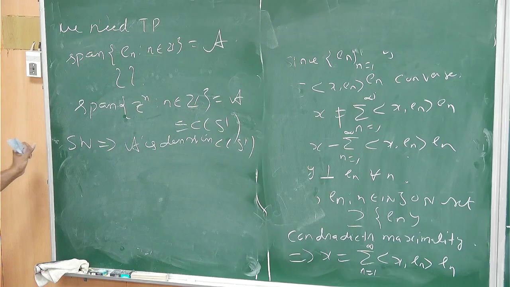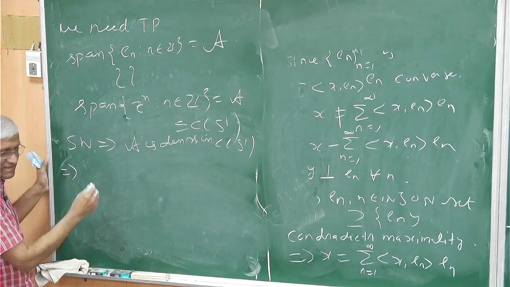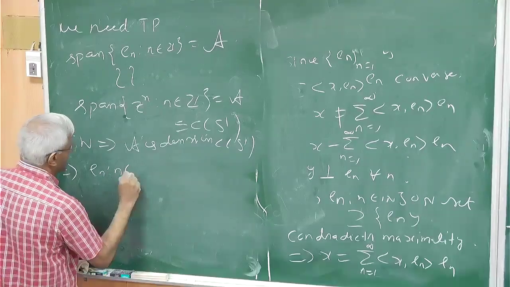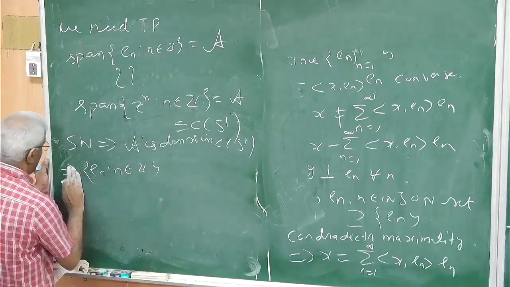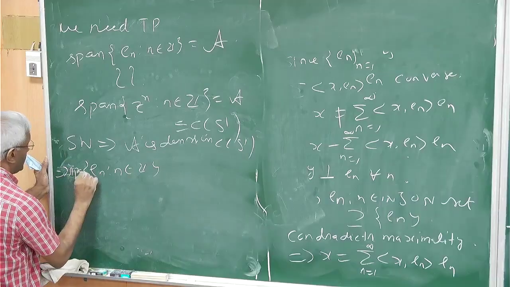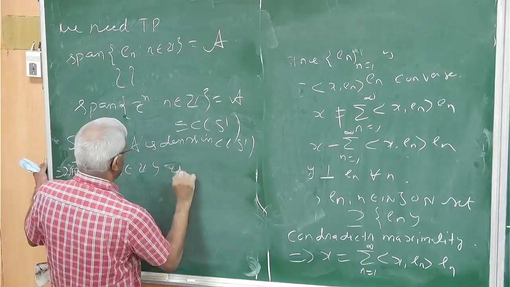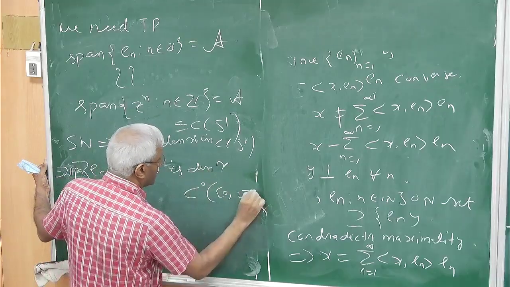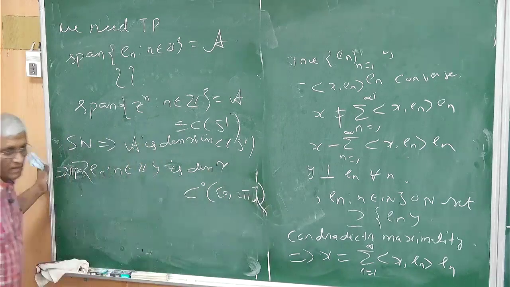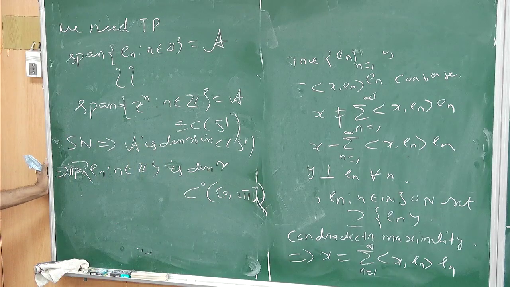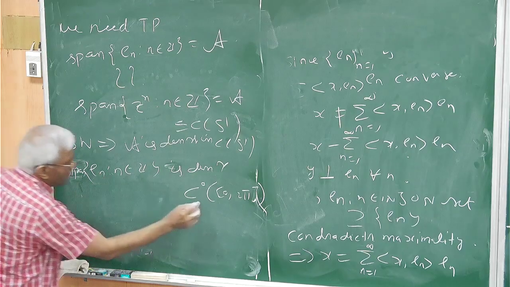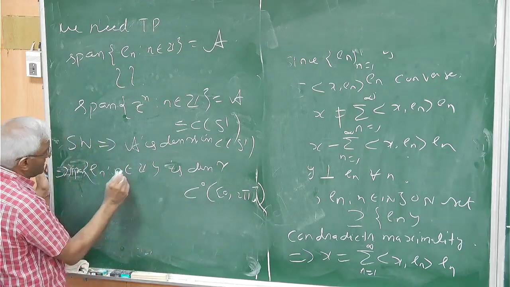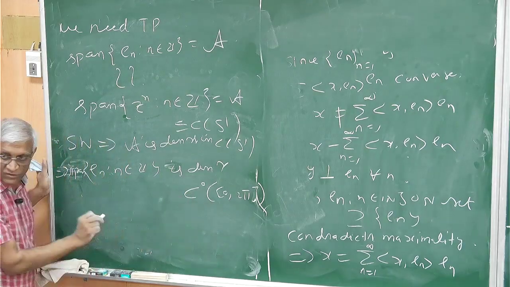So this implies, in the same topology, that En, n in Z, span is dense in C[0, 2 pi], if you want. Span is dense. What does it mean? If you have any function here, you can approximate it by a sequence that converges to that.